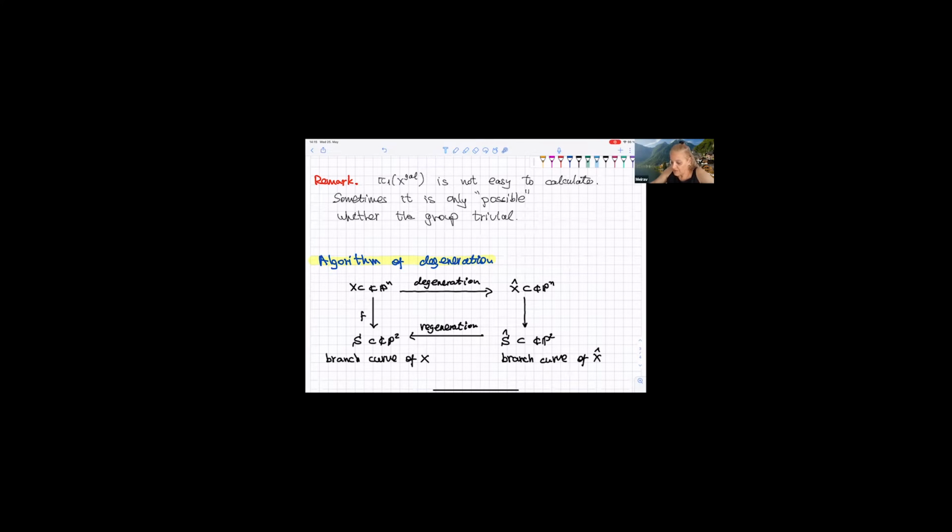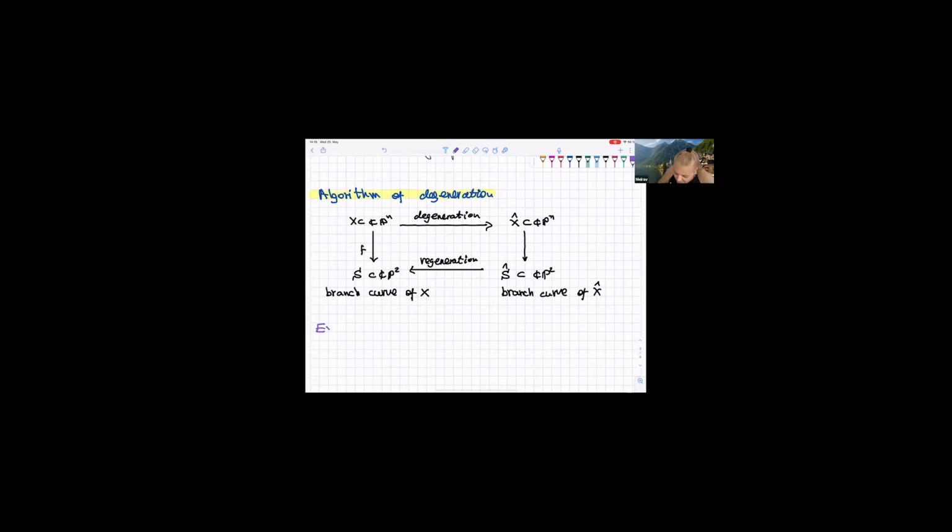So now, instead of doing this directly, this piece in the diagram, we are going to go all this way and return to S. But you will see it's very nice work, and it can save a lot of pain later on. So what is this now? I will give you some nice examples of a degeneration, because I am very interested in the geometry of such things.